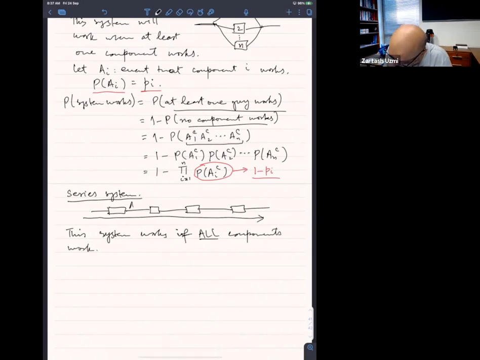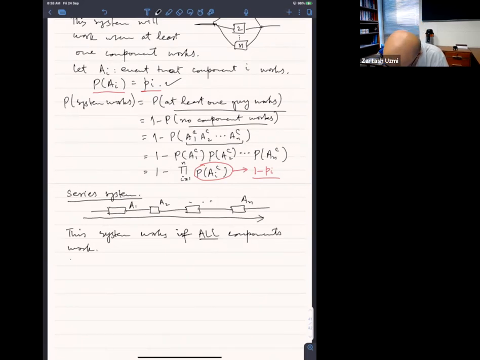Okay. Again, consider करें कि A1 is the event that the first component works, A2 is the event that second component works, and so on and so forth. AN is the event that nth component works, and the probability of a first one working is P1. बिल्कुल वही वाली probability जो पहले define की.